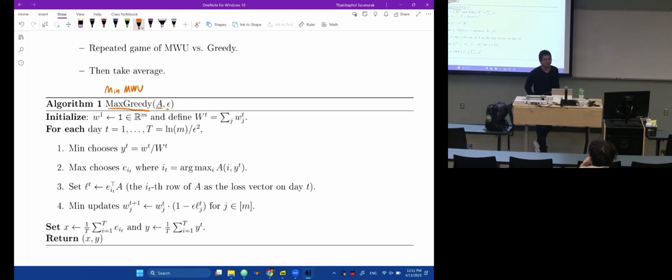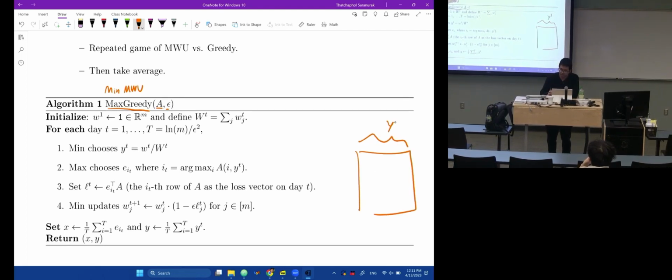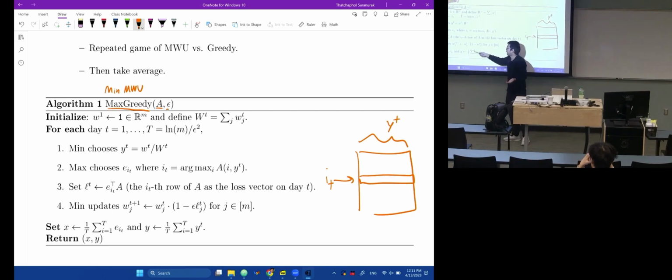And how did we update the weight? The min player chooses the distribution y_t, the max player chooses a row i_t, and then we just let this row i_t be the loss vector for the min player. If some entry loses a lot, if the loss is big, then the weight is decreased a lot, and so on.